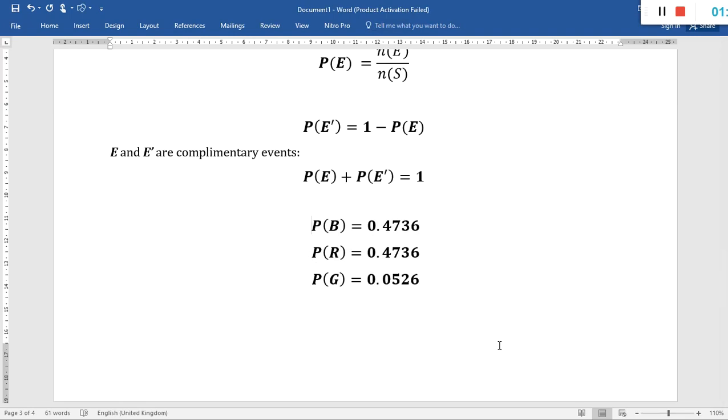B and R are most likely to occur, of course, with B and R having equal likelihood because they have the same probabilities. True or false? True. So for every spin of a ball, the probability that you get a black and the probability that you get a red are the same, and so they are more likely than the event of getting a green.